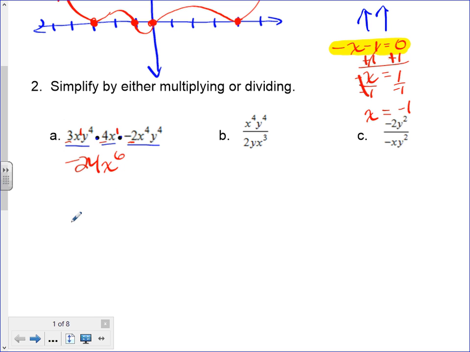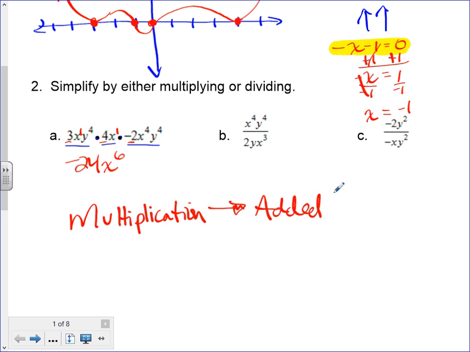So let's just stop and make a quick note there. What did we do? In multiplication, what did we do with the exponents? Yep. We've been doing that all year, but just a little refresher. And the y's will be y to the power.